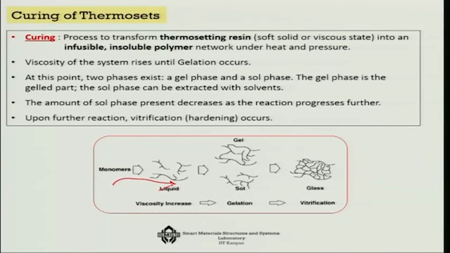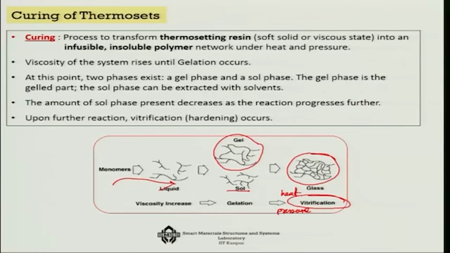So in the liquid stage itself the branching is occurring and then the gel is forming. So some are branched, some are already chemically linked, so there is a sol and a gel phase, and from there the amorphous glassy phase will start as you increase the addition of heat and sometimes pressure. The gelation, the vitrification will start and you will get a fully cured thermoset.